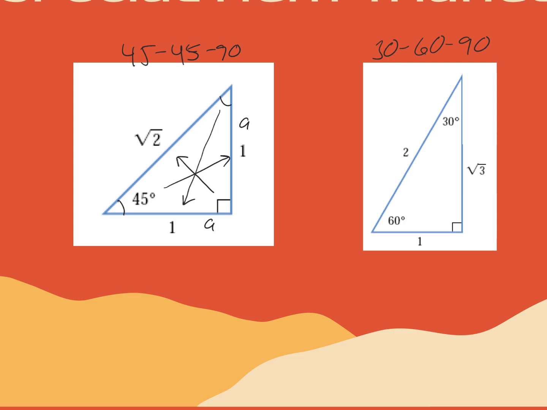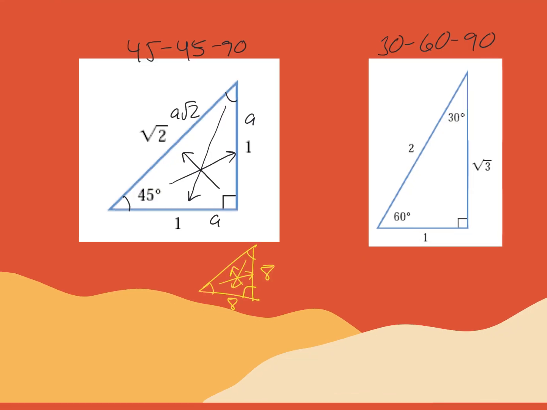I use A, and then that means this side measurement is going to be A square root of 2, right? If I give you another right triangle right down here, and this is a 45, 45, 90, and I give you that this measurement is 8, right? Then I know that this measurement is also 8, and then I know that this hypotenuse is going to be 8 times the square root of 2, right?